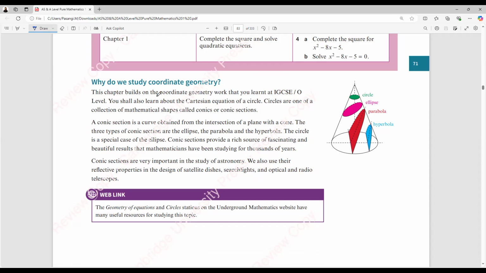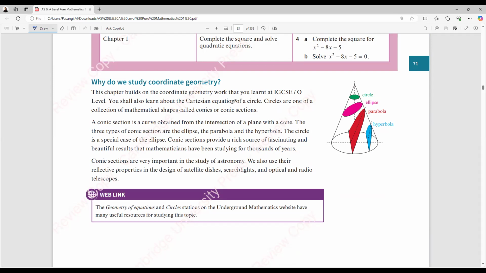This chapter builds on the coordinate geometry work that you learned at O levels. So you shall also learn about the Cartesian equations. We already know how to write or build linear equations as well as quadratic curve equations. So, Cartesian equation of a circle.